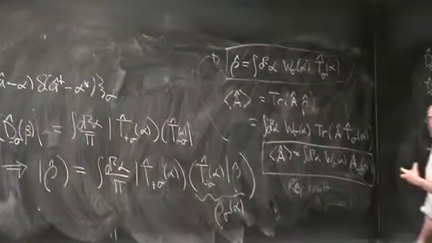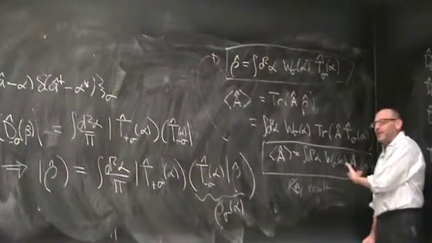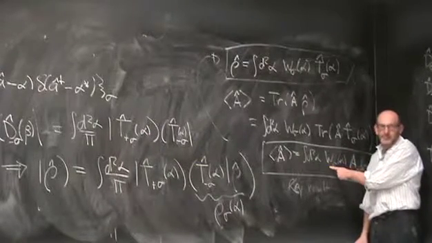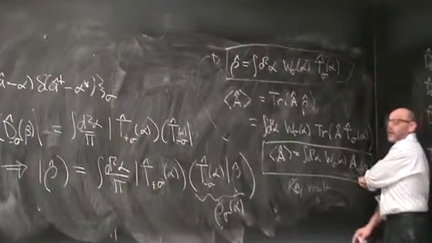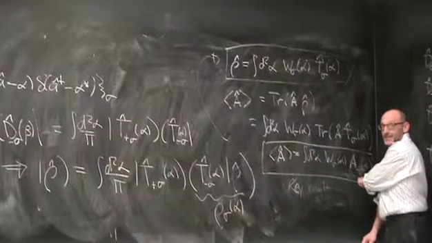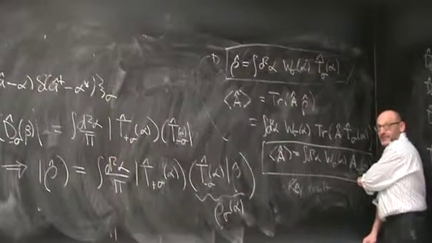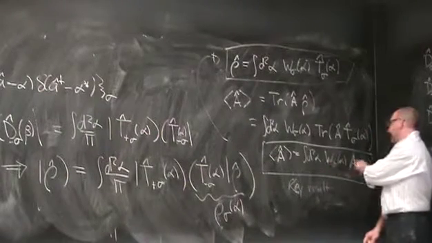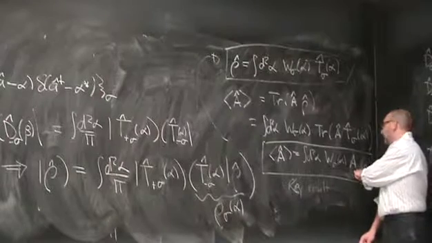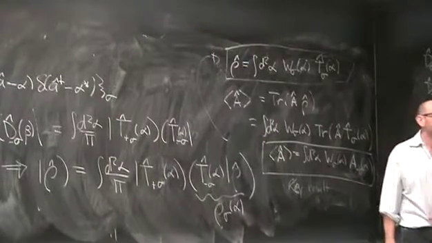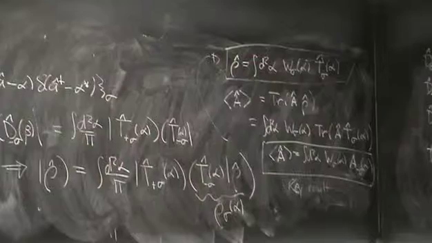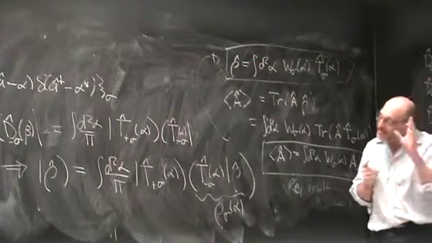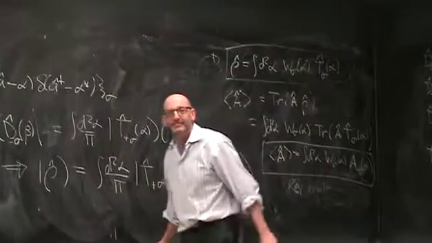So if I have the normally ordered representation of the density operator, I have to have the anti-normally ordered representation of the operator. If I have the anti-normally ordered representation of the density matrix, I need to pair that with the normally ordered representation of the observable. If I have the symmetric order, then they're both the same. And that's going to be important in the physics of this.